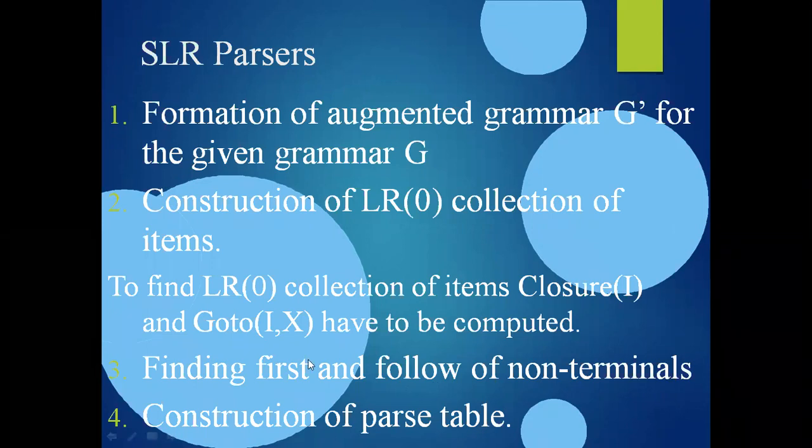So when we are finding the first and follow for the given grammar, there is no need to eliminate left recursion, no need to eliminate left factoring, all these things. Directly from the given grammar itself, you can write what the first and follow are. Those are all problems of the top-down parser, and they are not implemented in the bottom-up parser.